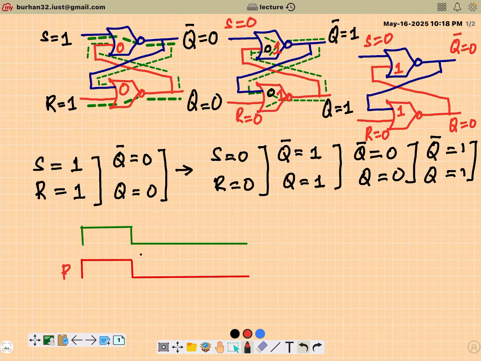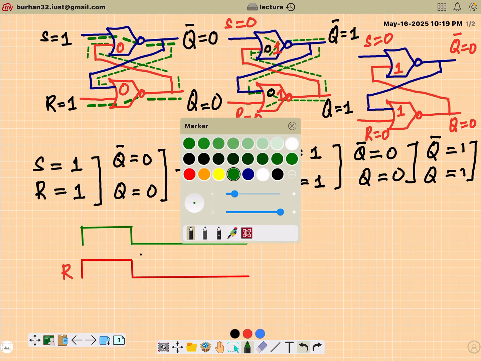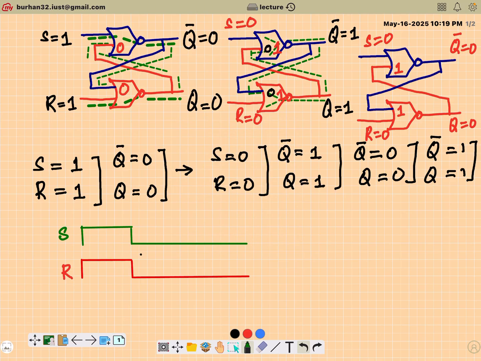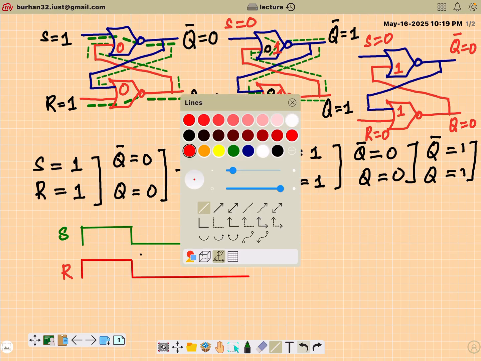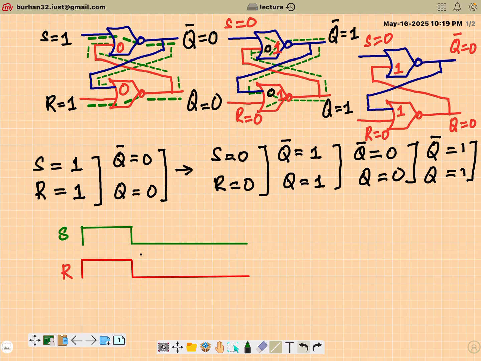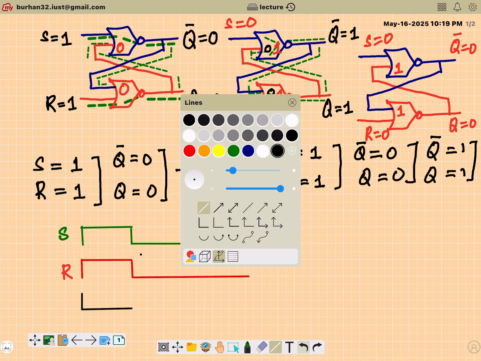So this is for R, this is for S. And the behavior is that Q will instantaneously change to 0, and so will Q bar.